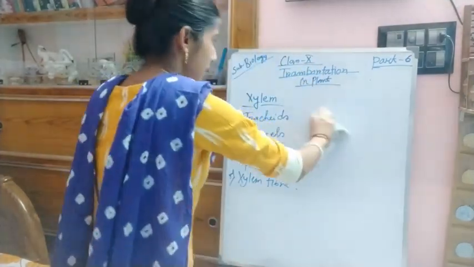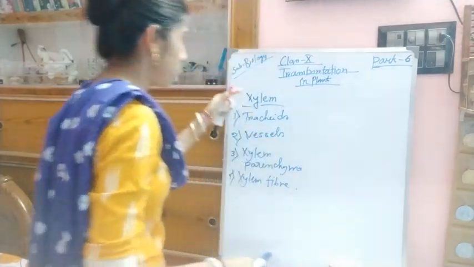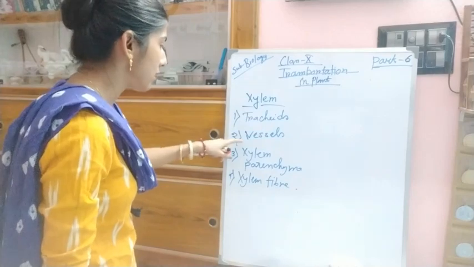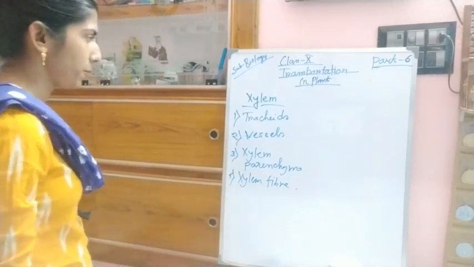So first let me continue with the different parts of the xylem. The 4 main components are tracheids, vessels, xylem parenchyma, xylem fiber.